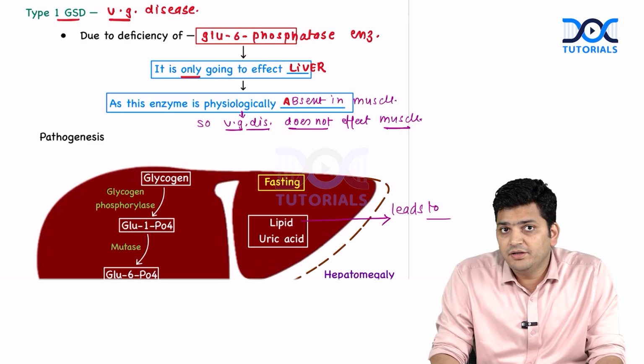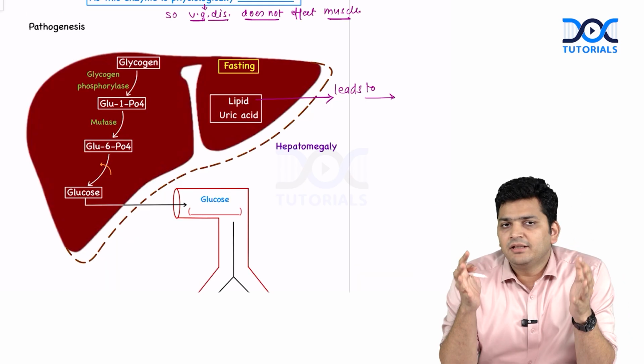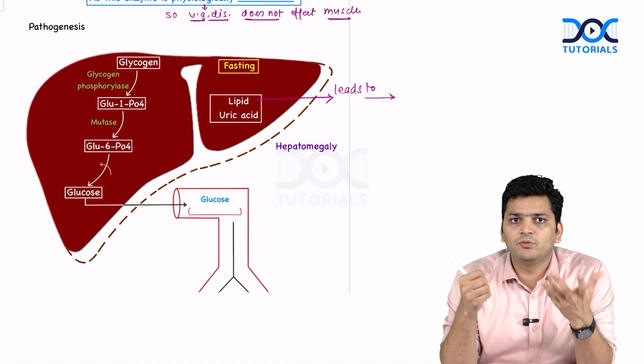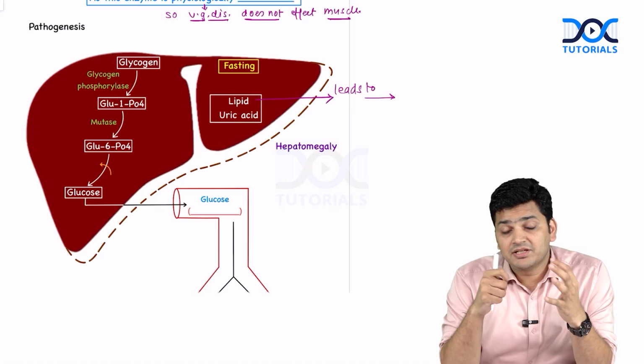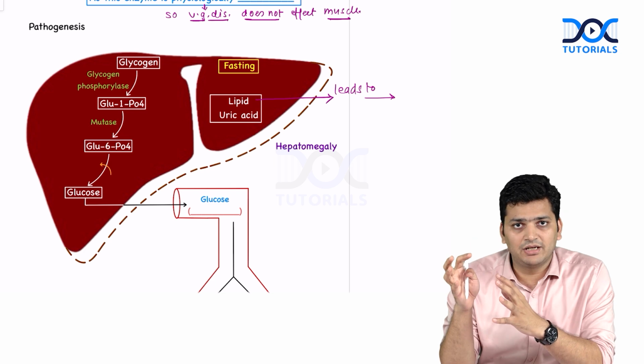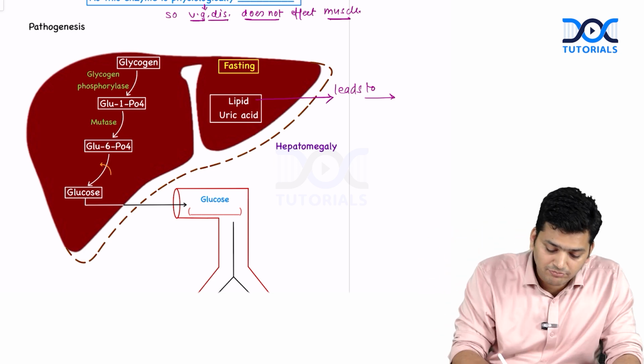It is going to occur in the pediatric age group. So, see, normally what happens when a child is in the fasting state, say for example, the mother has forgotten to give the meal to the child. In the liver the glycogen will be cut out. We are going to have the glycogen breakdown.